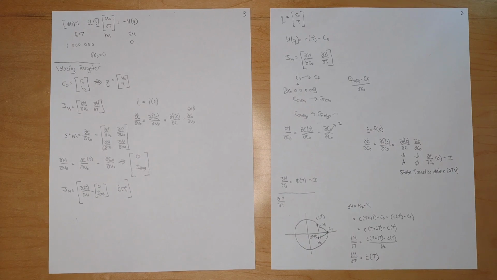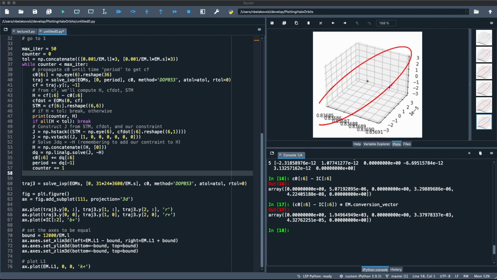Okay, so let's code up this velocity targeter algorithm. I'm actually first going to save this in a separate file, and then we'll make a new file where we'll do the velocity targeter so that we have this algorithm here by itself, because we need to make quite a few changes in order to make the velocity targeter work.